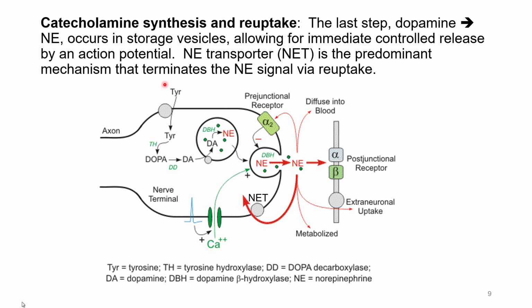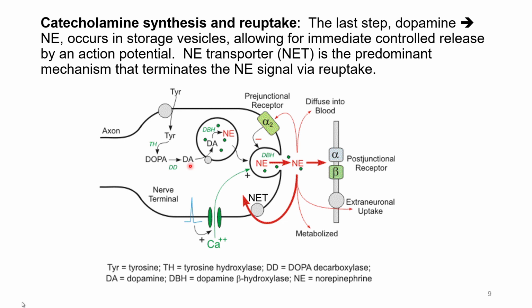The tyrosine is taken up using an amino acid transporter that brings it into the terminal foot of the axon. You saw already that the tyrosine is converted into DOPA by the enzyme tyrosine hydroxylase. This happens to be the rate-limiting step in the formation of norepinephrine. And then we have DOPA that is converted into dopamine.